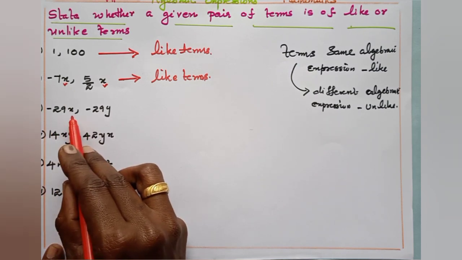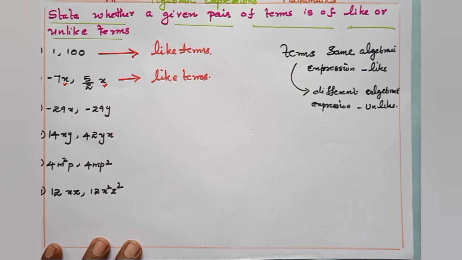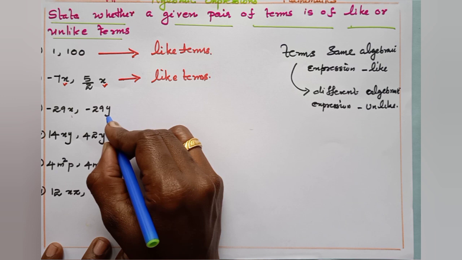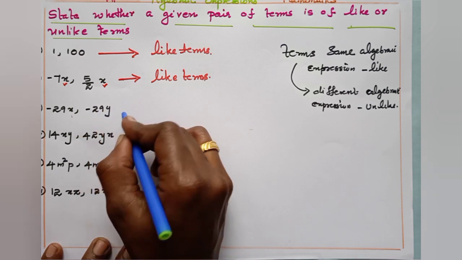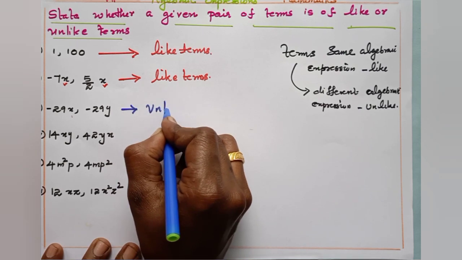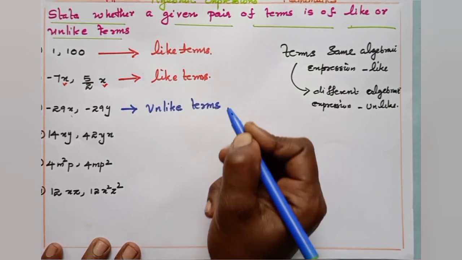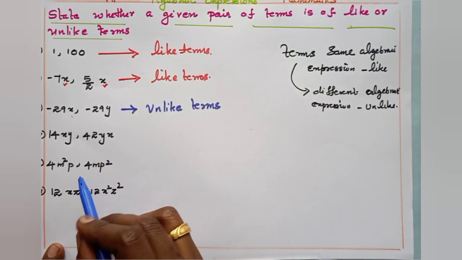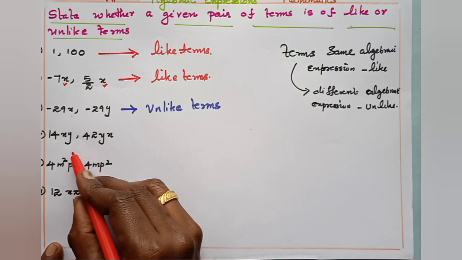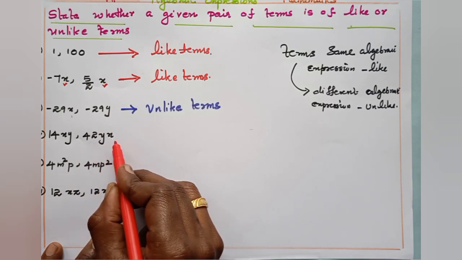Then the third question, listen. Minus 29x and minus 29y. Here one has the algebraic expression x and the second has y. Different variables, so these are unlike terms. Then 14xy and 42yx.